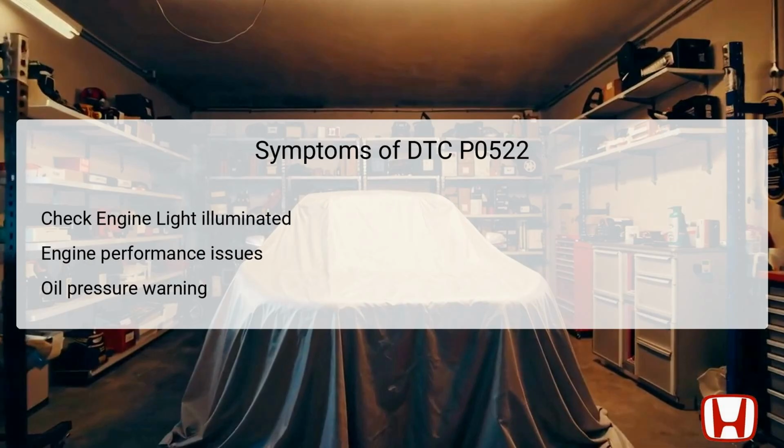Additionally, the vehicle may experience engine performance issues, which could include reduced power, unusual noises, or a rough idle. Drivers may also notice an oil pressure warning on the instrument panel, indicating that there may be insufficient oil pressure for safe engine operation. If these symptoms are observed, they warrant immediate attention to avoid potential engine damage.